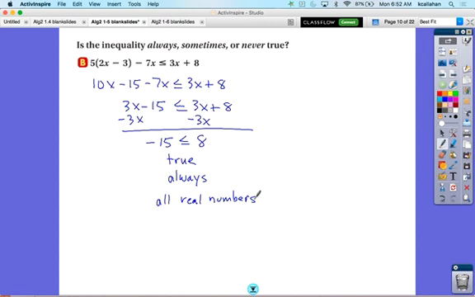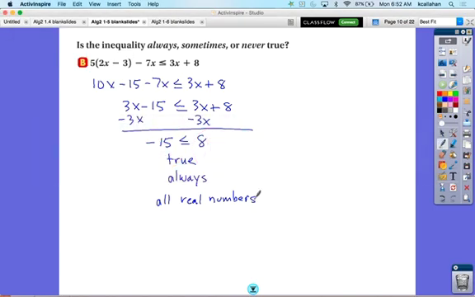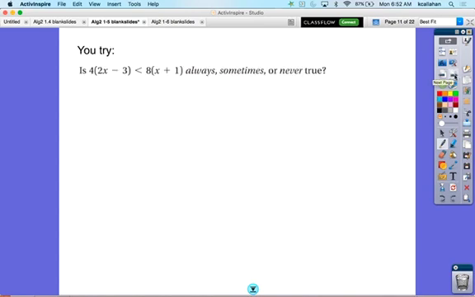Let me check something here. So this is for you to try. So hit pause, do it, or do it until you can't get any further, then hit play. Distribute. Subtract 8x.